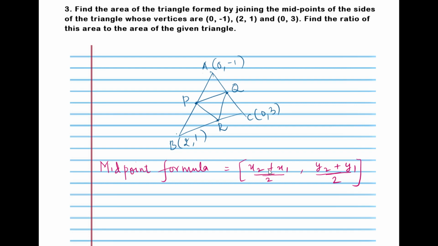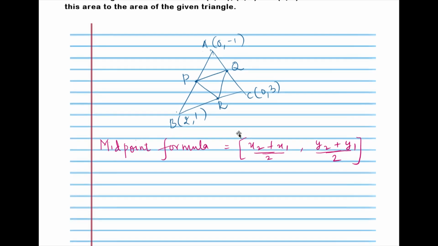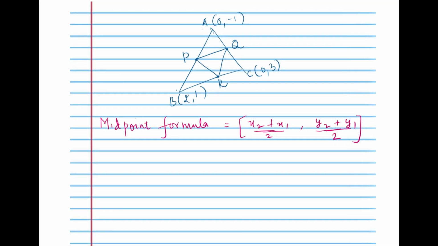Now we need to find the midpoint P, that is the midpoint of A and B: (2 plus 0) by 2, (1 minus 1) by 2.